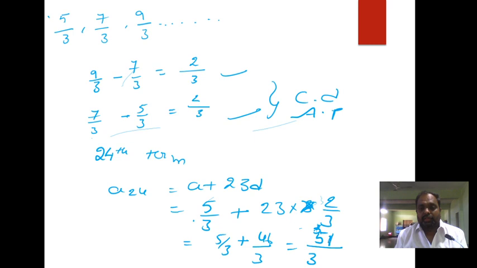Next, 11, 14, 17 and so on is in an AP. We can find the 30th term. 30th term means a30.